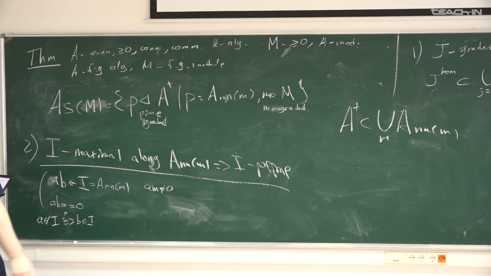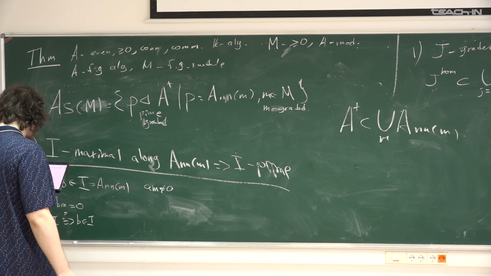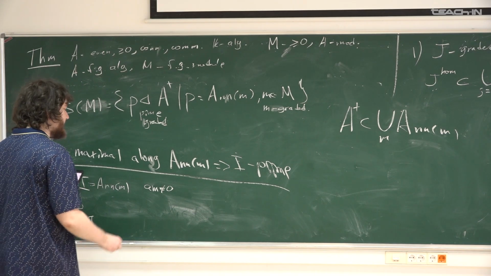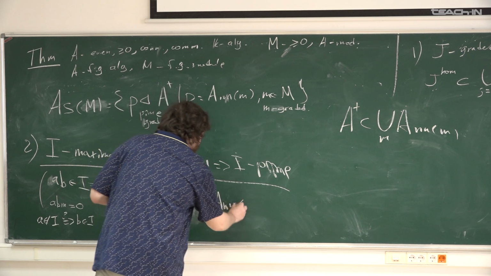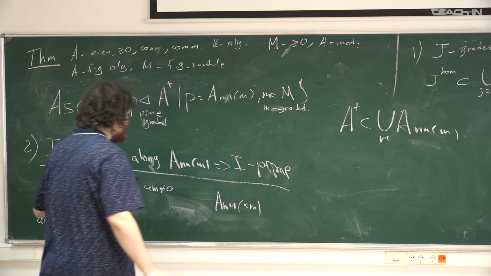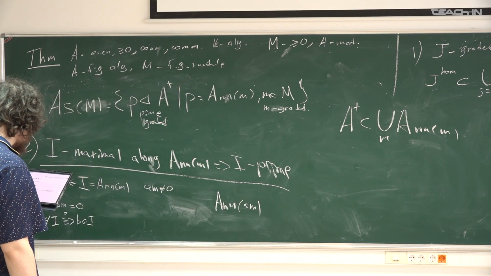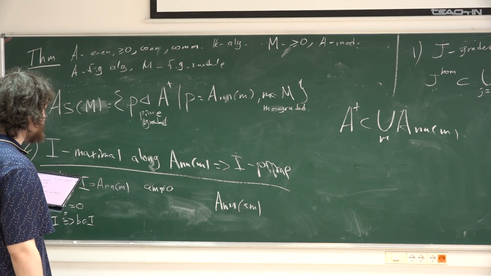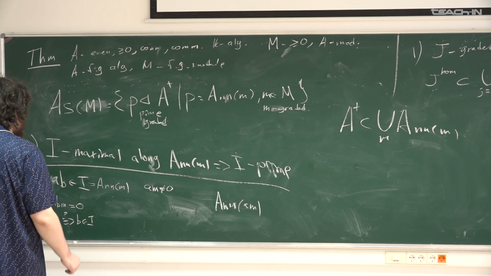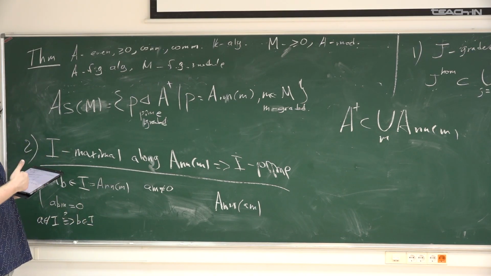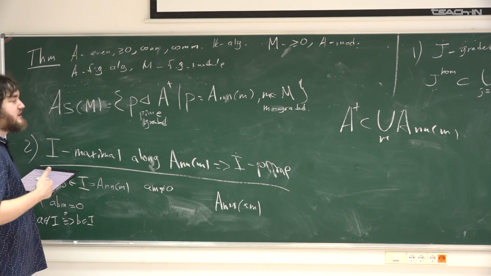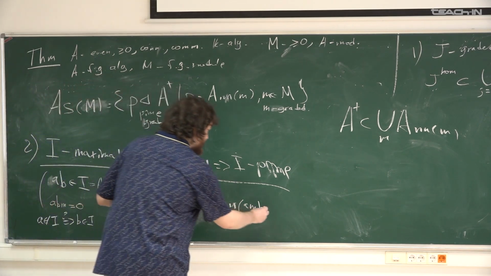But a b m is 0. So this means that I can consider the annihilator of this element a m. And of course, if I have some element which annihilates m itself, then it also annihilates a m. So in fact, I have this inclusion.